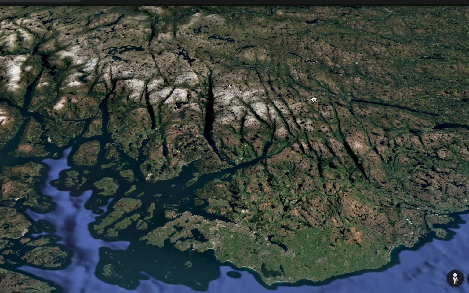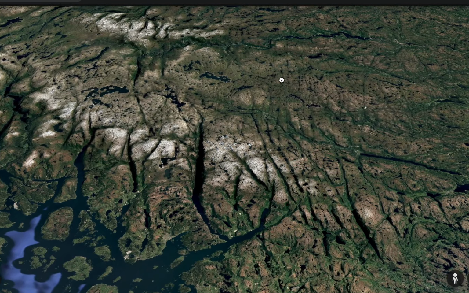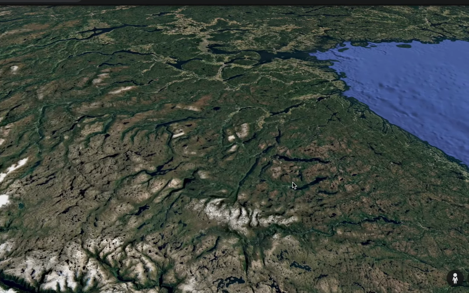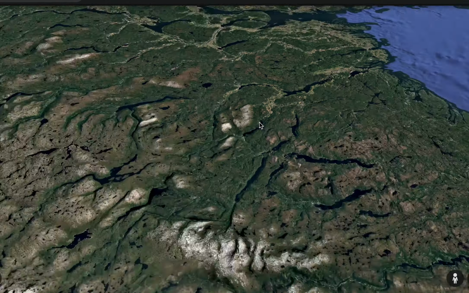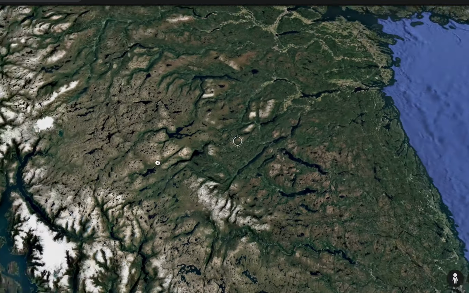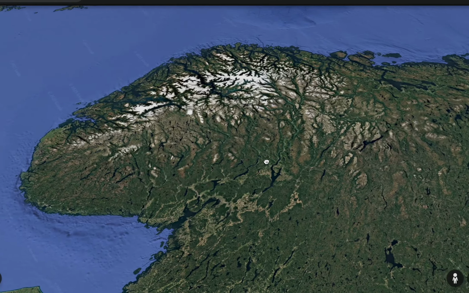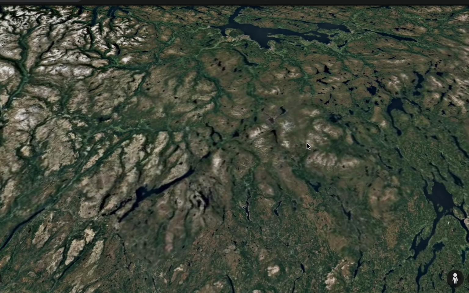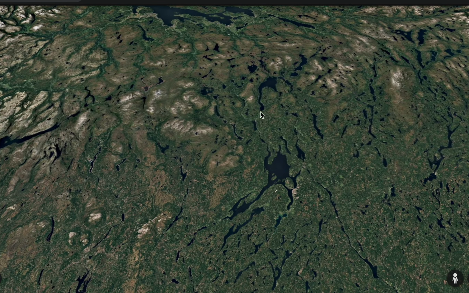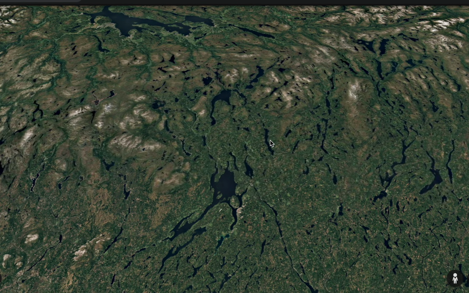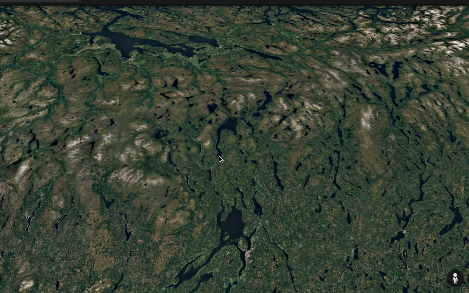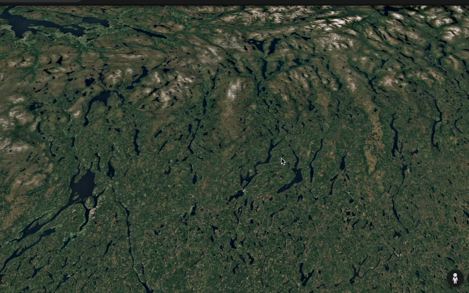I'd say that took a massive current to form. Here's another one. Really, you can find them all over Norway and all over Canada and Alaska. But this area in particular is pretty cool. We found a nice one here.